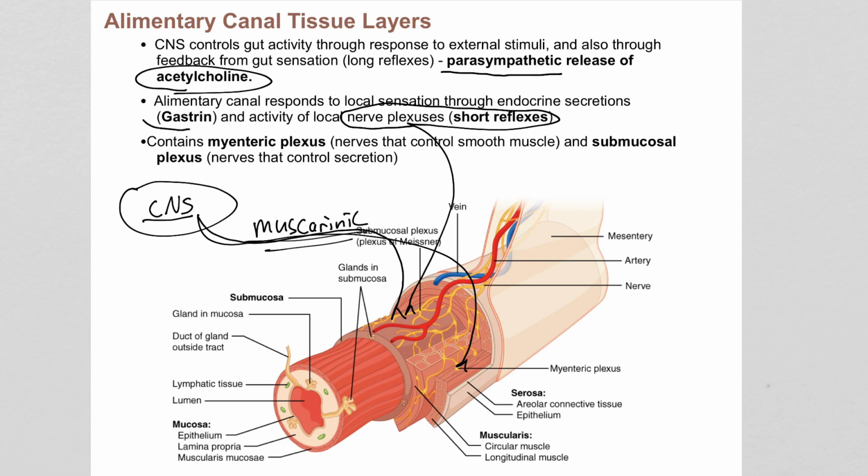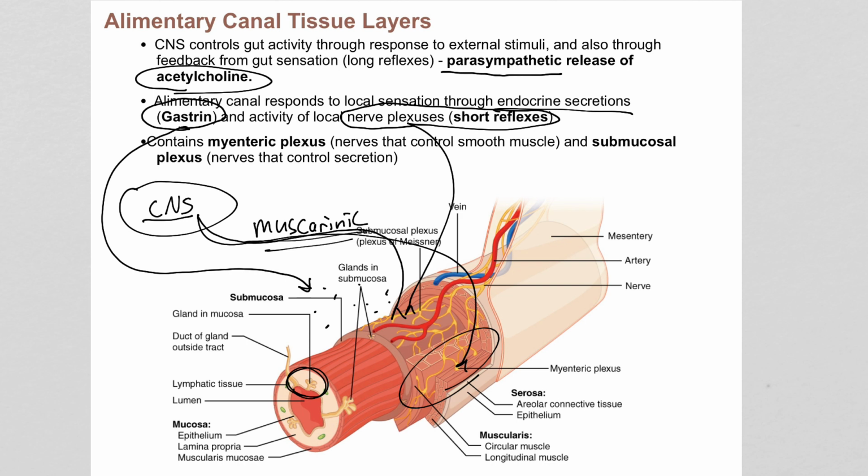Right? The last option is you can also use endocrine secretions. So there are hormones, the most important one for the stomach being gastrin, where those hormones are released into the blood and bind receptors, either in this mucosal tissue to stimulate secretion, or in the muscularis externa to stimulate muscle contractions.